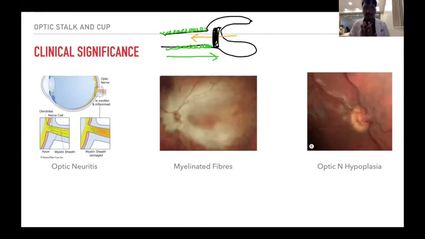But if it doesn't stop at one point and progresses on to the outer layers as well, we find that the myelination is happening. We can see on fundus examination the myelin getting spread over here as well. This is the myelinated fiber condition. And if there happen to be fewer axons in the optic stalk, basically fewer wires in the PVC pipe, we find an optic nerve hypoplasia.